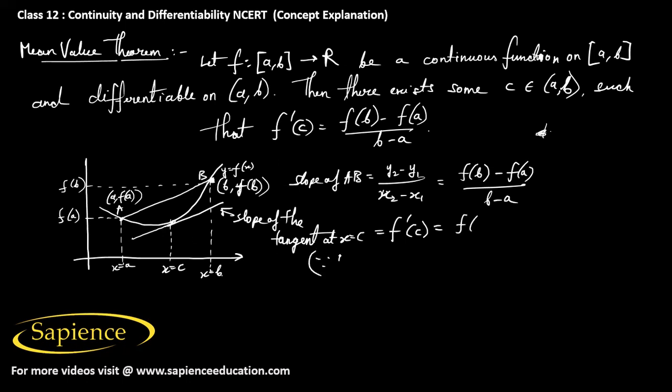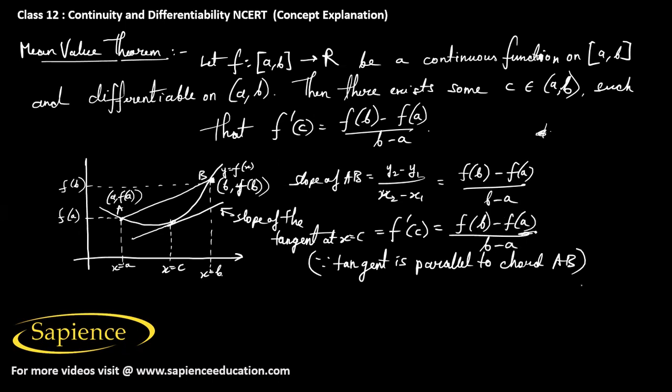Since here we can see the tangent is parallel to the chord, or secant, AB. So the slope of the tangent f dash C is f of B minus f of A by B minus A. The same thing can happen at more than one point. If the function is like this, then we can have two such points at which the slope of the tangent will be equal to the slope of this chord.